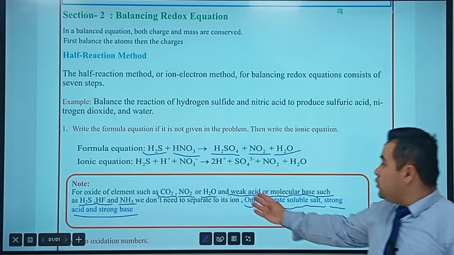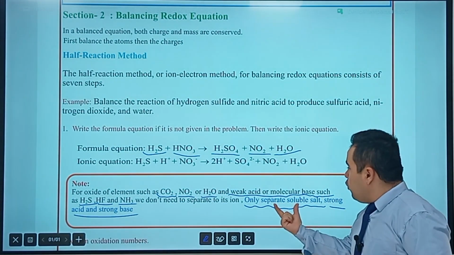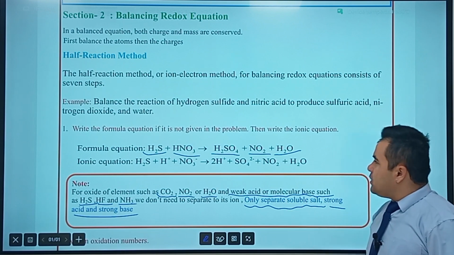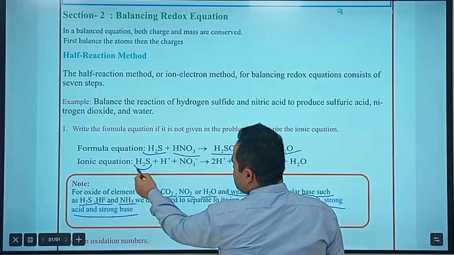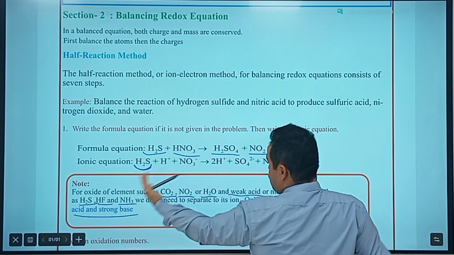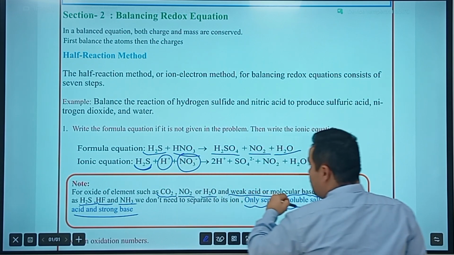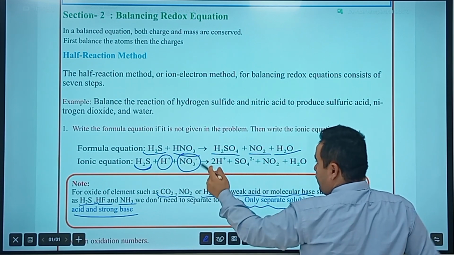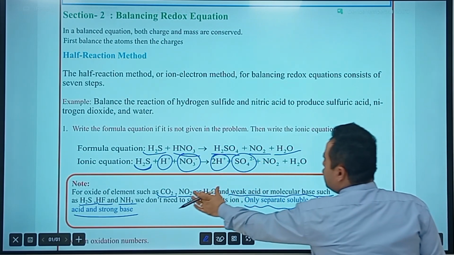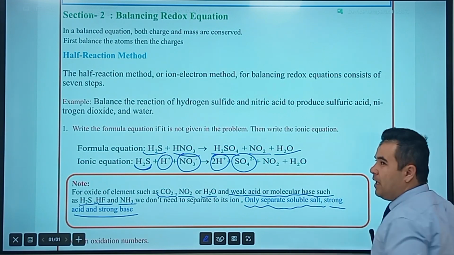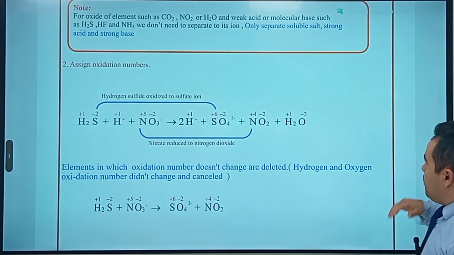We only separate the strong acids, soluble salts, and strong bases. In this case, H2S is a weak acid, that's why we do not separate it. HNO3 is a strong acid, we ionize it, separating into H positive and nitrate. H2SO4 is strong, ionized to form proton and sulfate. NO2, the oxide, stays, and H2O stays as a non-separated molecule.